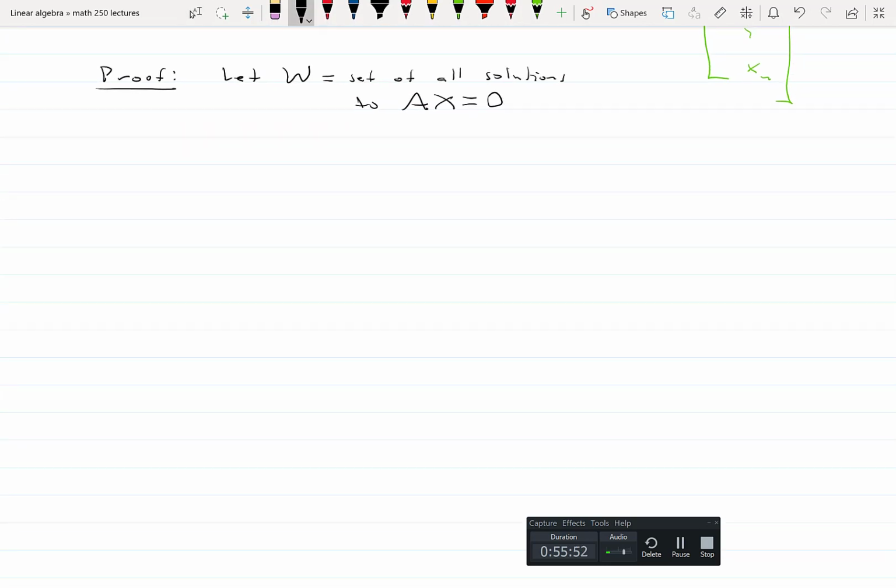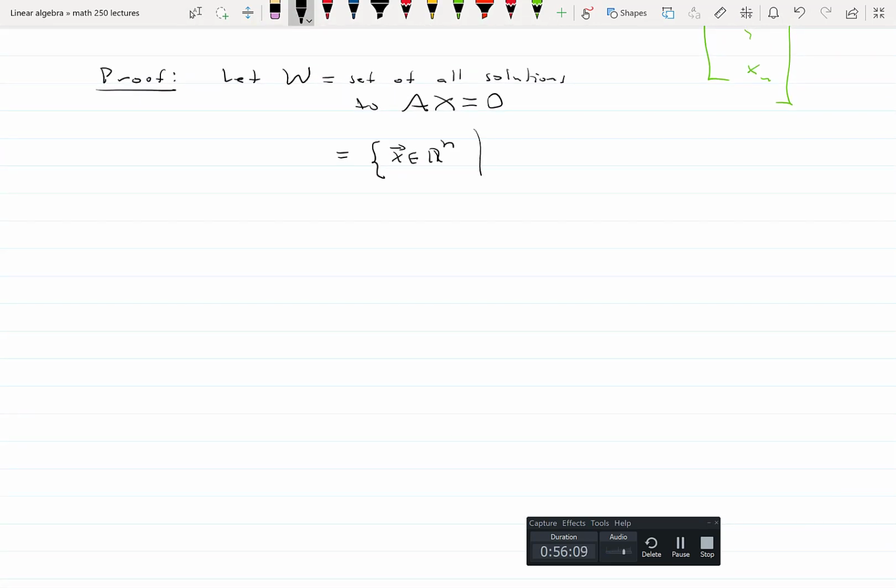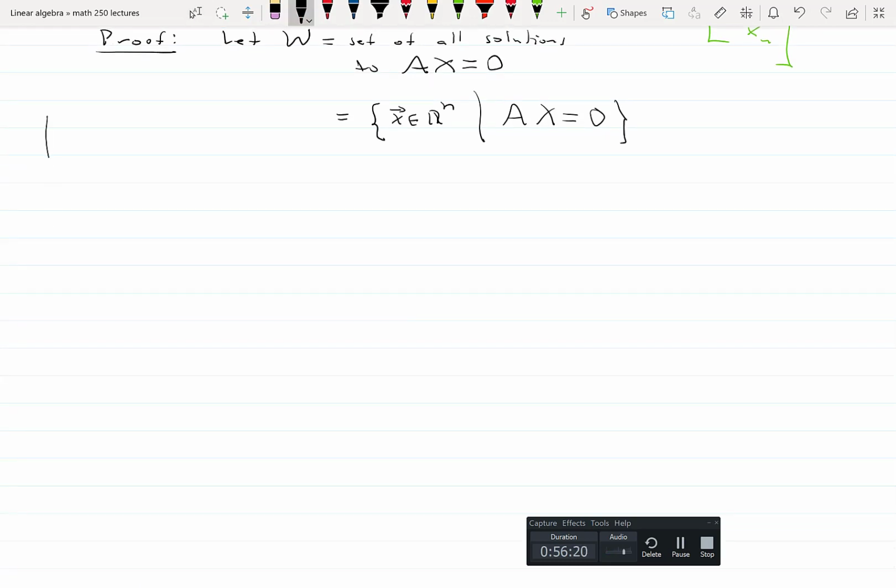Okay, and let's use more formal notation. W is the set of all column vectors x in Rn such that Ax equals 0. So W is part of a vector space.